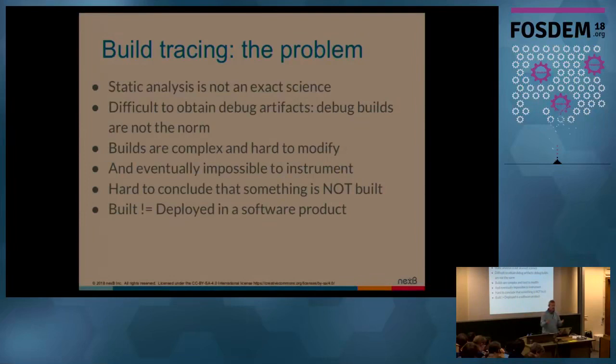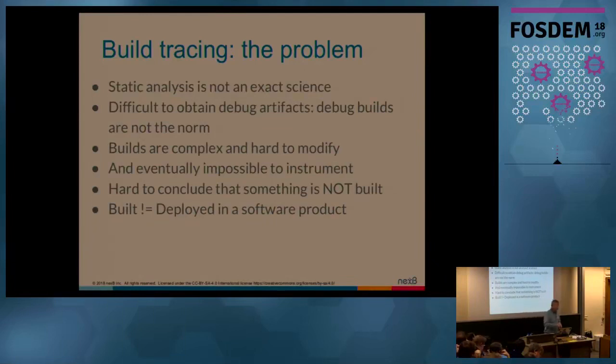Static analysis, in the best case, you would have all the symbols that exist in the binaries that you can trace unambiguously to your source, but that's not the case at scale in practice. And also builds, when they're large enough, they're complicated. There are few people in a team that usually understand them, and few people that are able to make sense of them in a way that they can evolve them efficiently.